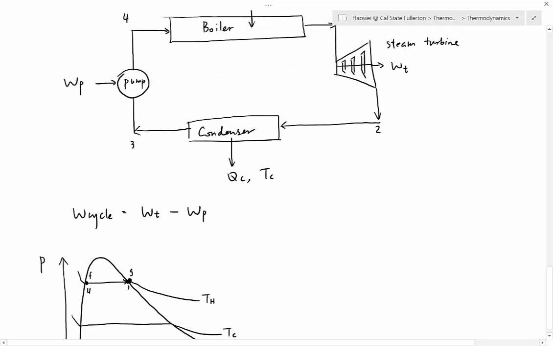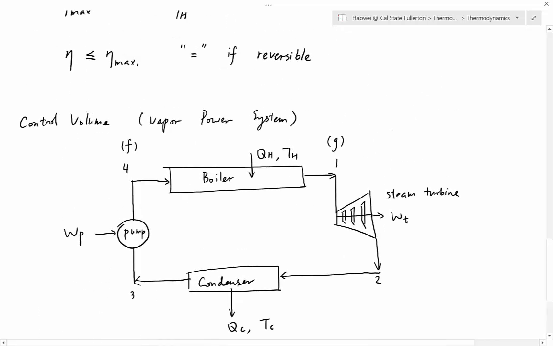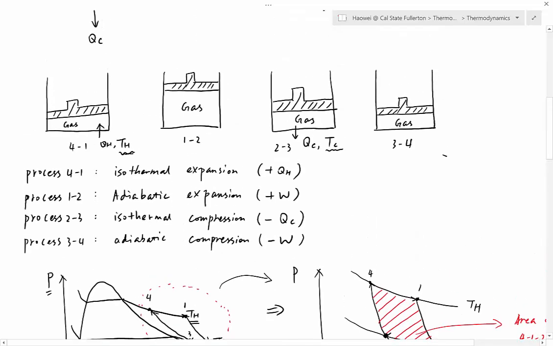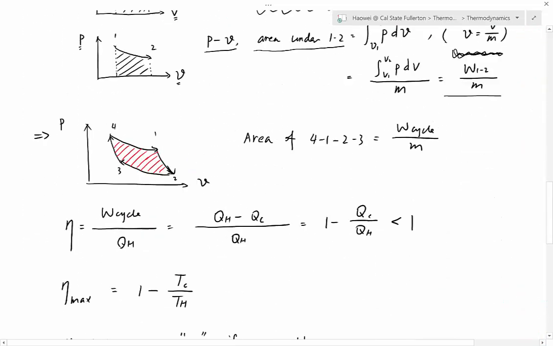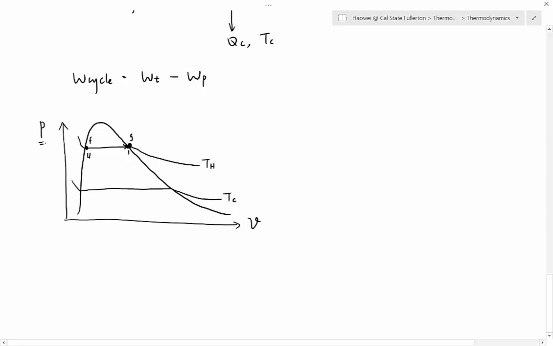122. How do we sketch 122? What happens in 122? 122 is an expansion process. What is the name of 122? If you forgot, let's go back. The name of 122 is right here. Process 122 is called adiabatic expansion. So what's going to happen to pressure first?